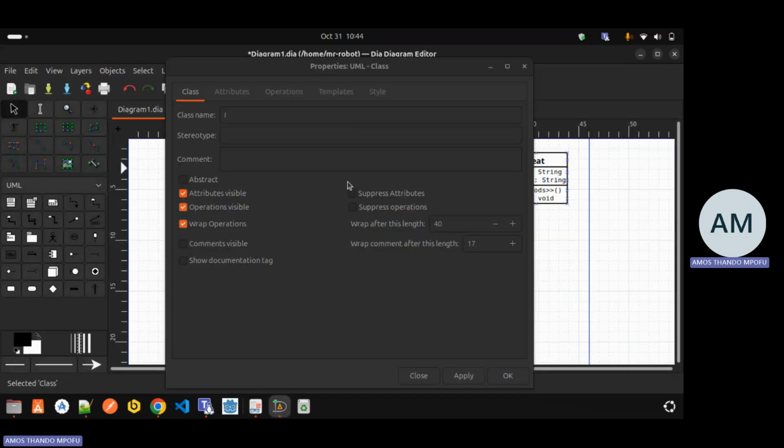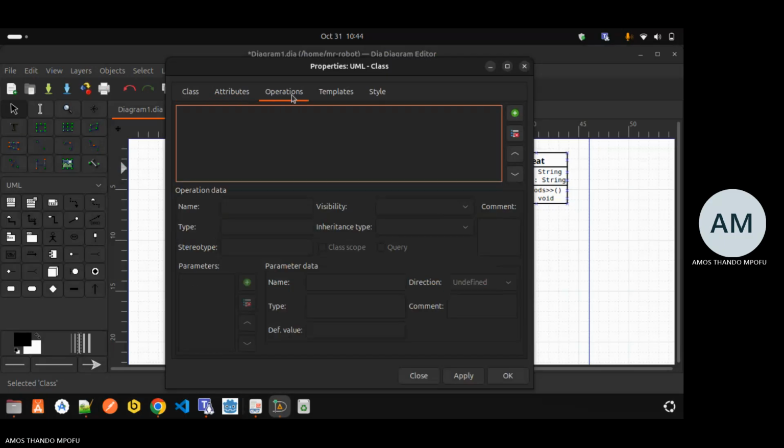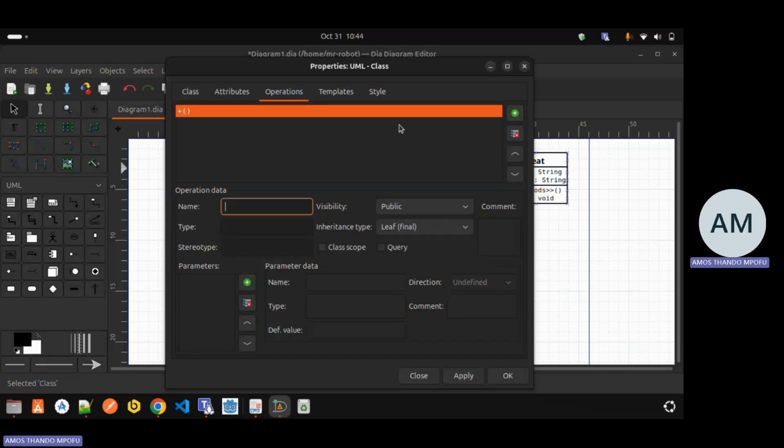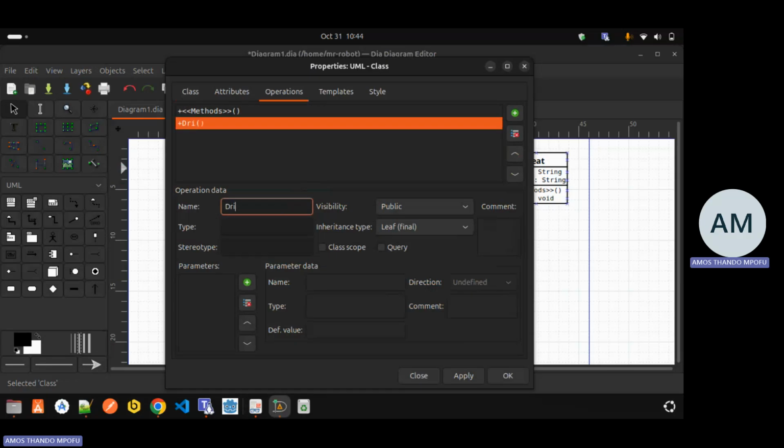We could keep it simple, right? So it's fine. I'm going to say drive, and then I'll only put in operations, which will be methods, and then apply, and then new, and it's going to have a drive method.